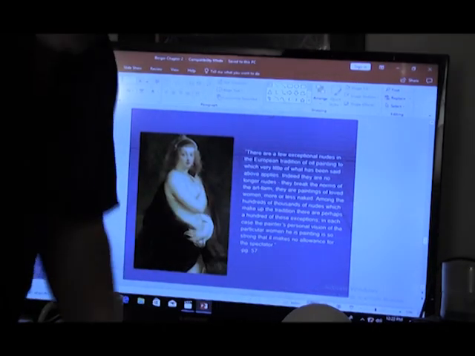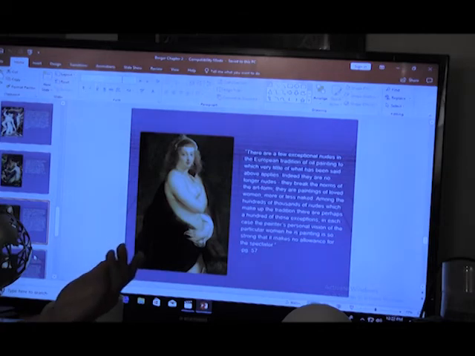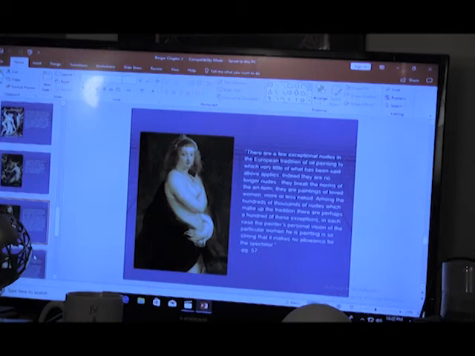It was like nudes, up to and including, I'm sure, even modern 21st century art classes, where a nude model comes in and everybody sketches the nude model. So this is still a thing. There were hundreds of thousands of instances of the nude that were painted.